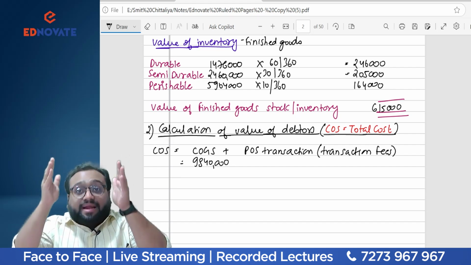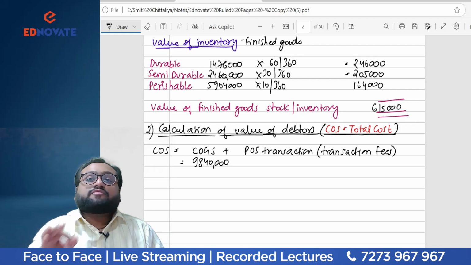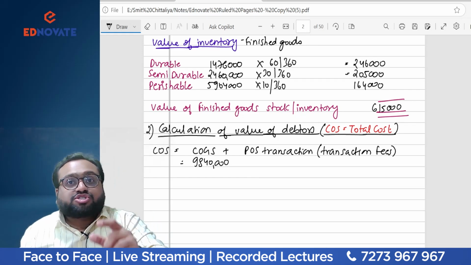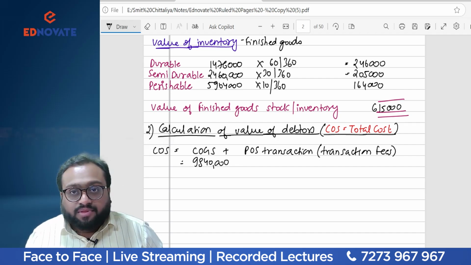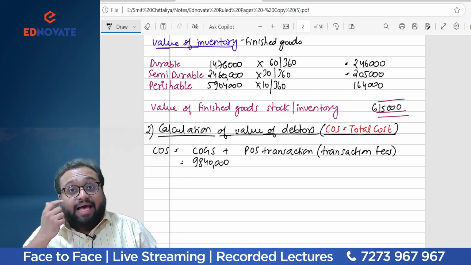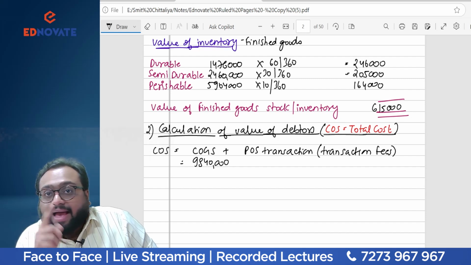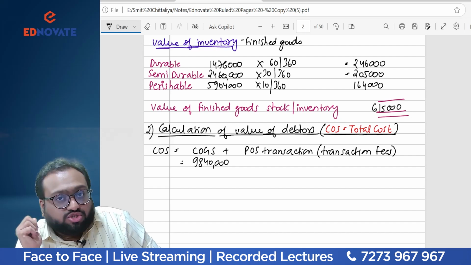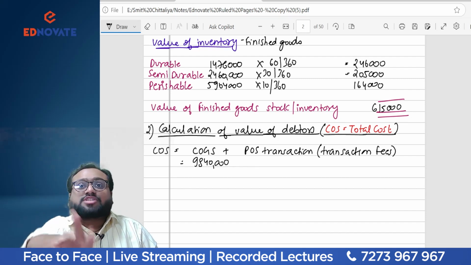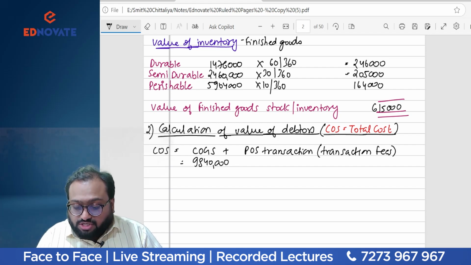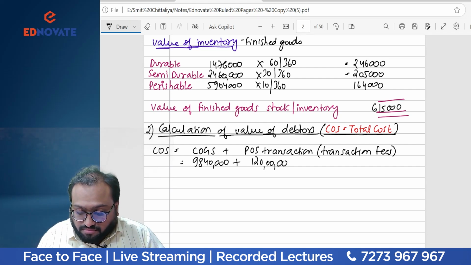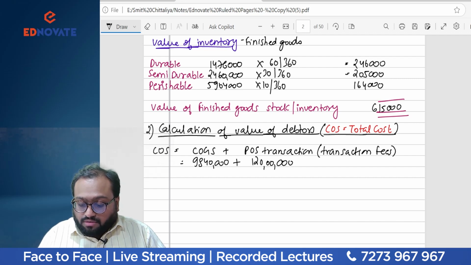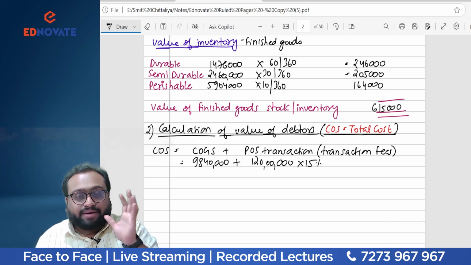Normally when we prepare the estimation of working capital, we find out the cost sheet and the COS, because COS becomes my total cost. But here, since I have no other information, I know sales minus GP is my COGS, plus the transaction cost. Now how much is the transaction cost? Out of 1 crore 20 lakhs, only 15% is my credit card, debit card usage.